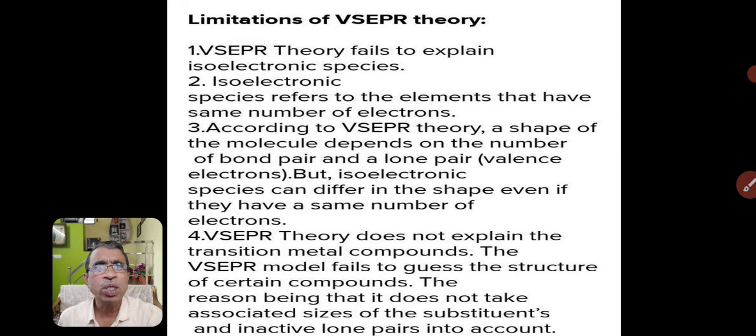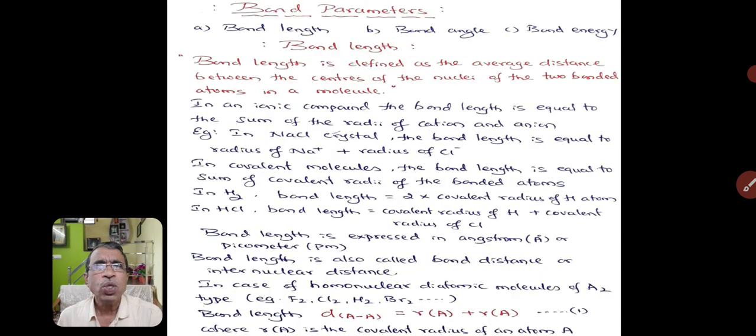Because of this, the new theory emerged, that is valence bond theory. Here we also have other limitations of the VSEPR theory. Students, go through these things and try to understand the VSEPR theory.